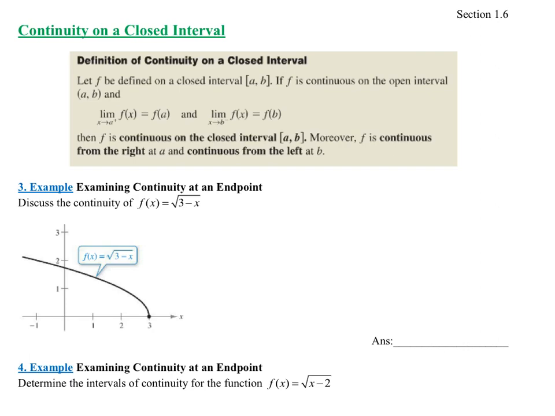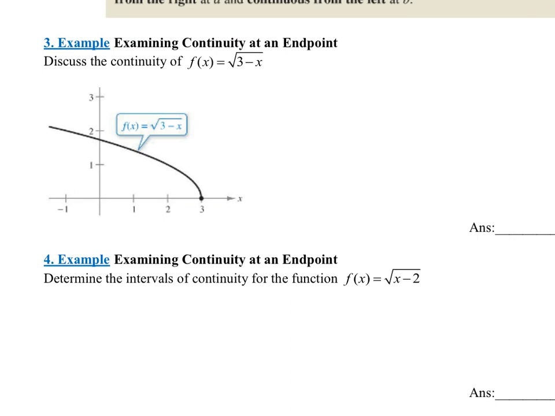So what the heck did we just say? What we just said is we know this function is continuous on the interval negative infinity to 3 with parentheses, without a doubt, because we can draw it without lifting up our pencil, right? Okay. So the question is, what about at x equals 3?